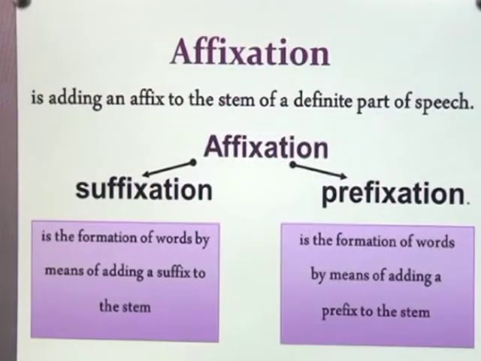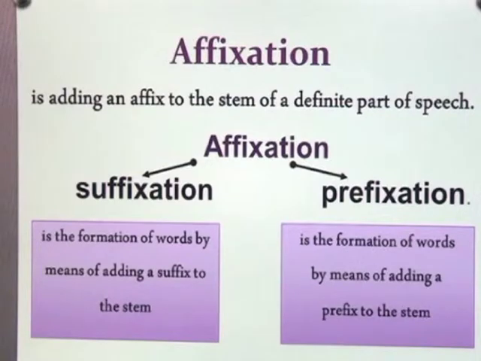The first one, affixation. Affixation is one of the most productive ways of word building throughout the history of English. It consists in adding an affix to the stem of a definite part of speech. Affixation is divided into suffixation and prefixation. Suffixation is the formation of words by means of adding a suffix to the stem.